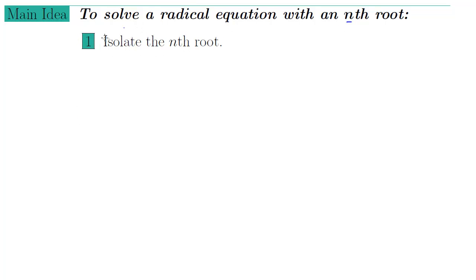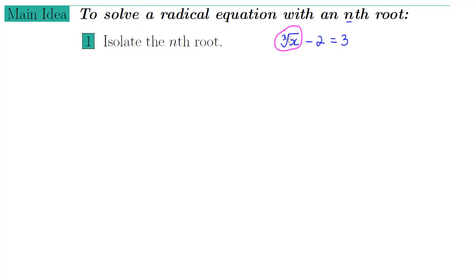First, we have to isolate the nth root. So let me show you what that means. If you had the radical equation cube root of x minus 2 equals 3, you want to try to isolate x in this equation, which means you have to get rid of the cube root. But before you can touch that cube root, you have to isolate it. You have to quarantine it.